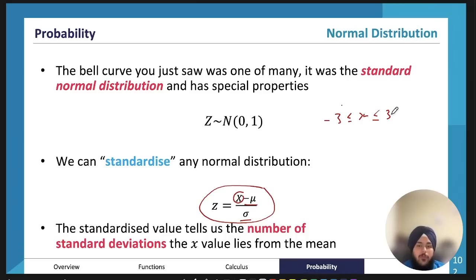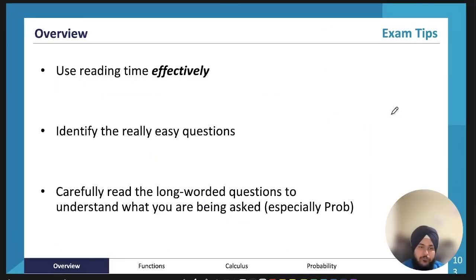And if you get a value of, let's say 2, for example, that would mean that your data is 2 standard deviations above the mean. And then from this, we can compare the standard normal distribution with the normal distribution that you're given.